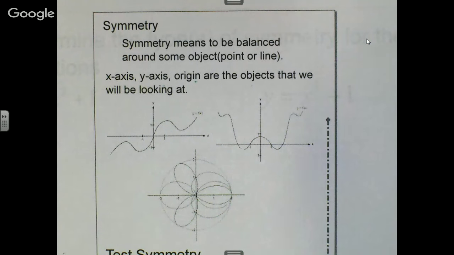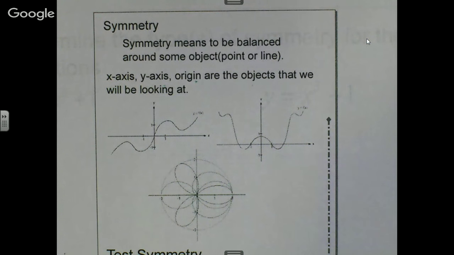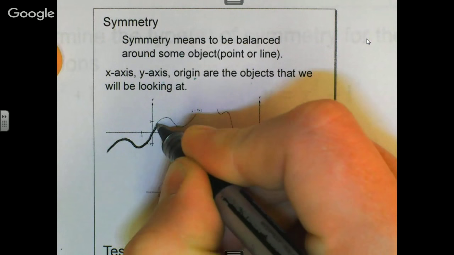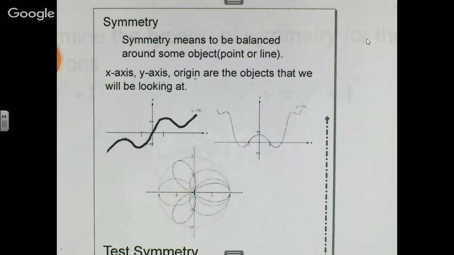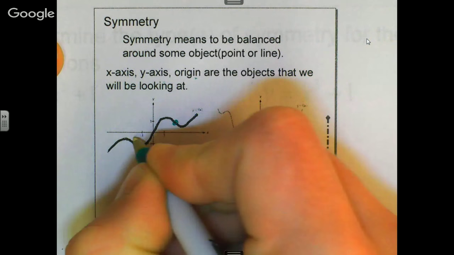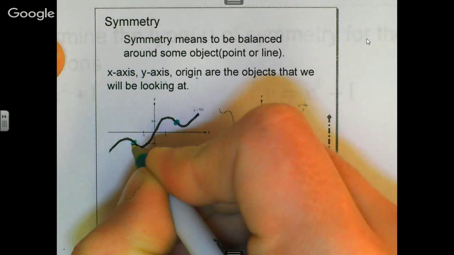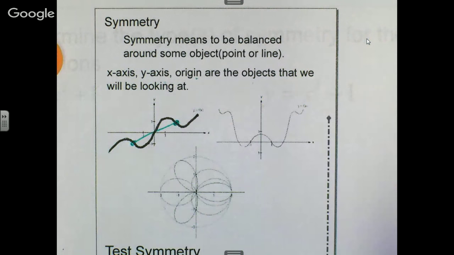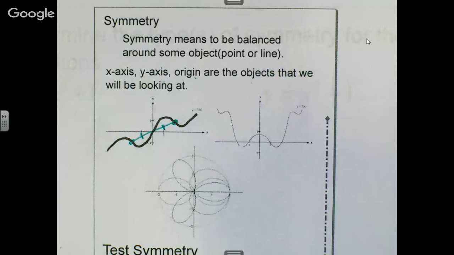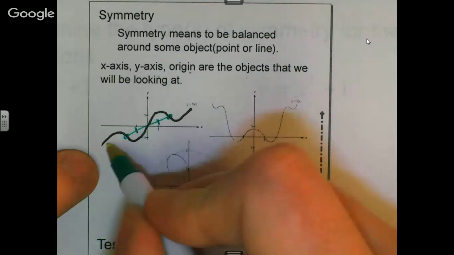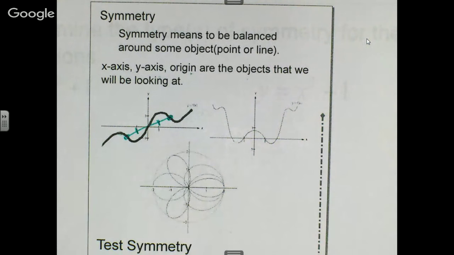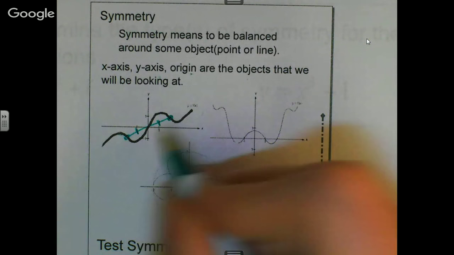And if we look at this graph here, and I take a point, let's say right here, and match it with its exact point over here and connect them, they go through the origin, making this the same distance as that. Okay, that's what we mean by symmetry. I can match all of these to their matching points and they'd be the same distance away.